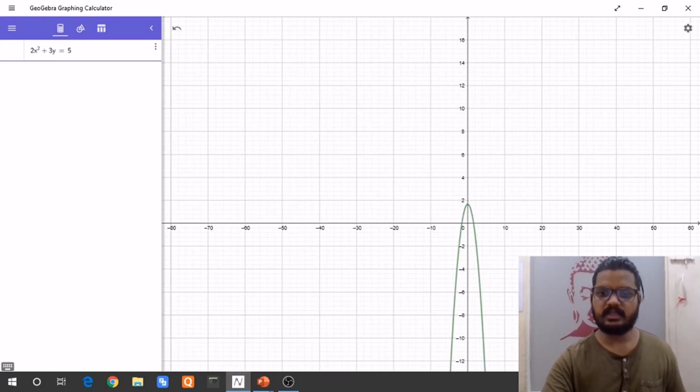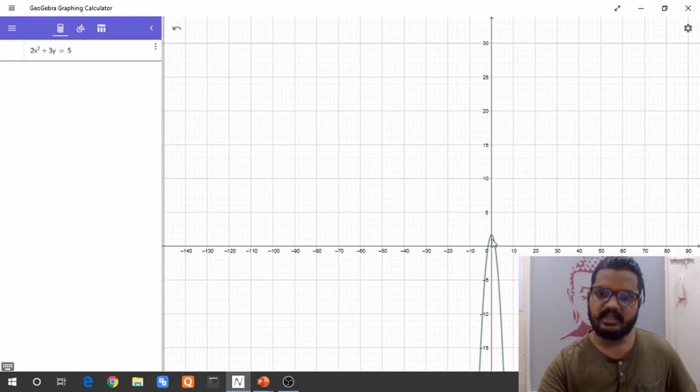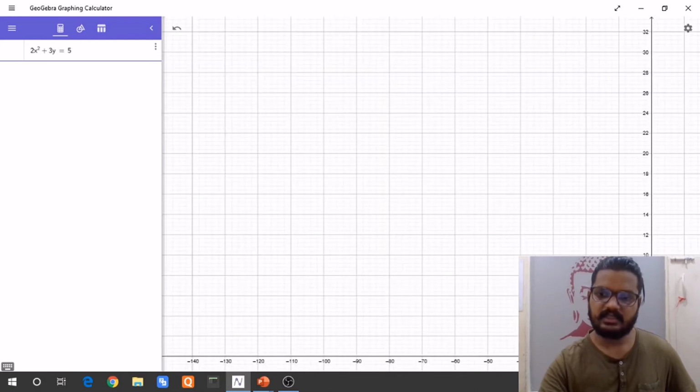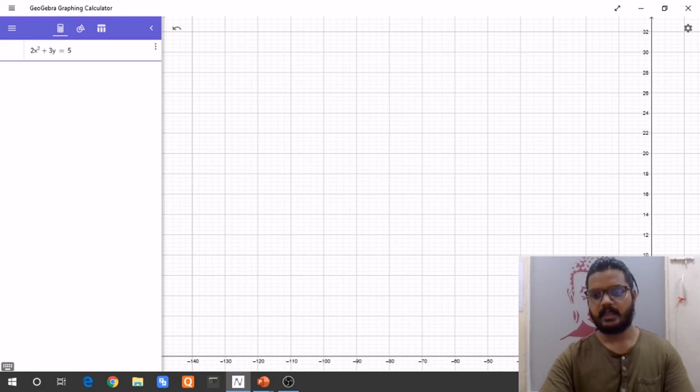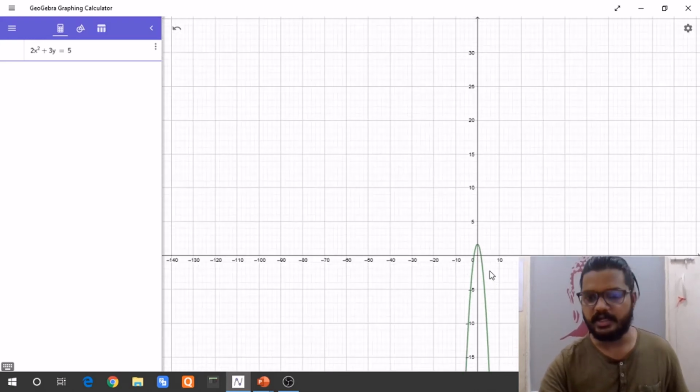You will be able to see that this line is intersecting with the x-axis, then it is intersecting with the y-axis, and then it is intersecting with the x-axis once again. Let me just get it into the center so that it becomes easier for you to see. Yeah. So as you can observe, it is intersecting at multiple points.